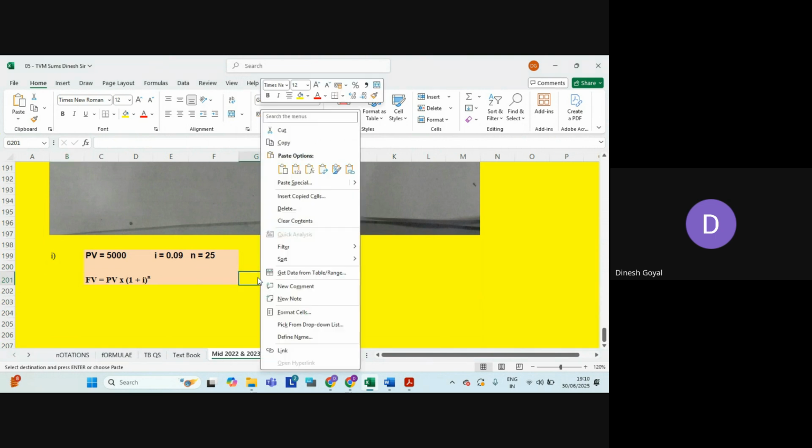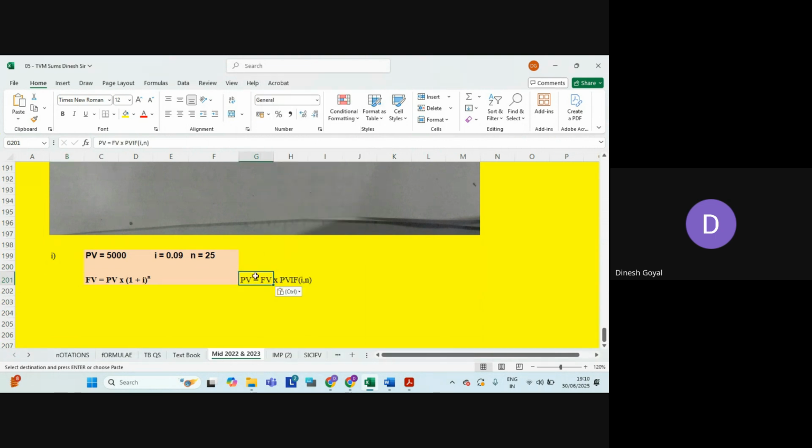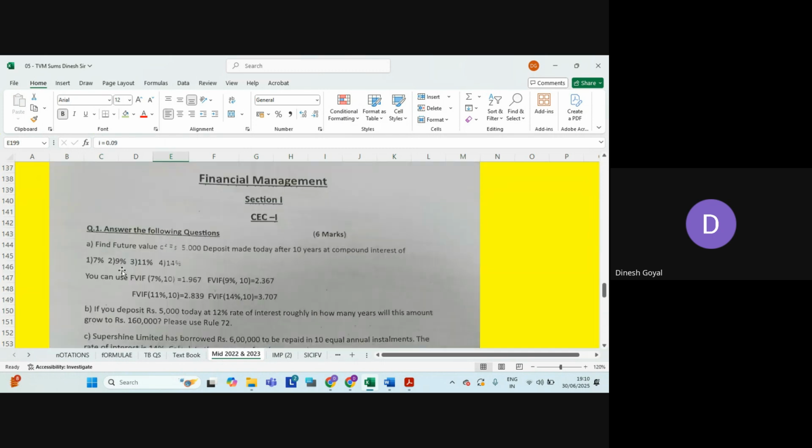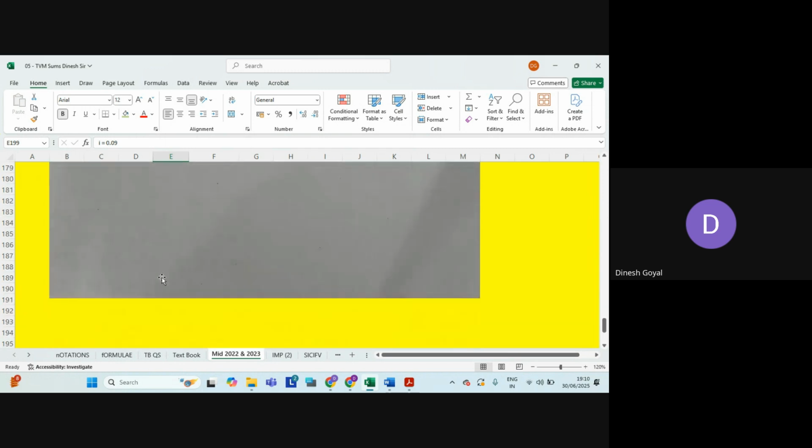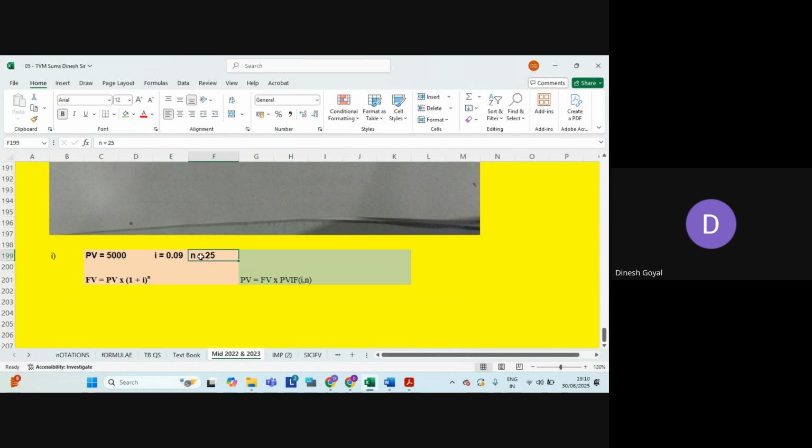See, there are two formulas. I will explain both the formulas. 5,000 is given, then they first ask at 7%, then 9, then 11, then 14, right? And N is your 10 years.